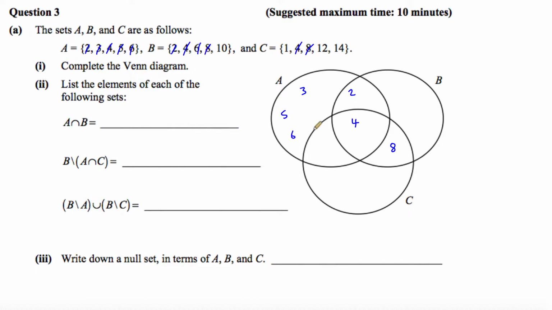So that number 6 is in A and B. So this 6 here, I'm going to take it and put it up there. So that number 6 is going to go in here, and I'm going to rub it out from this region. So that's a good way always to stop yourself making a mistake, is to use this crossing off method like I'm doing. So we still have the number 10 to go in outside B.